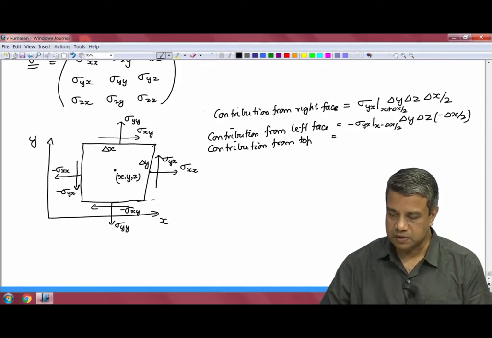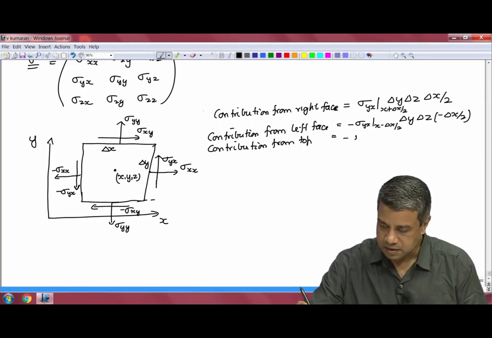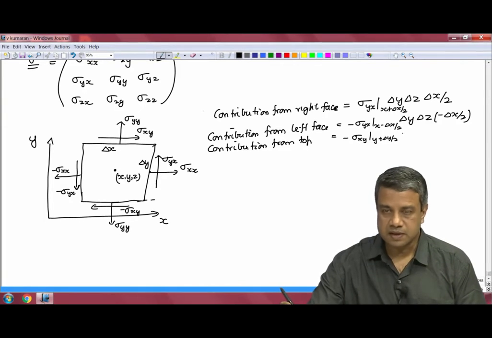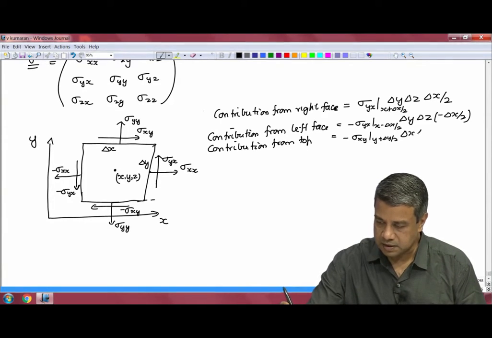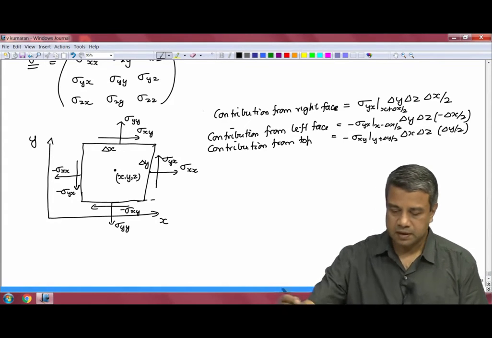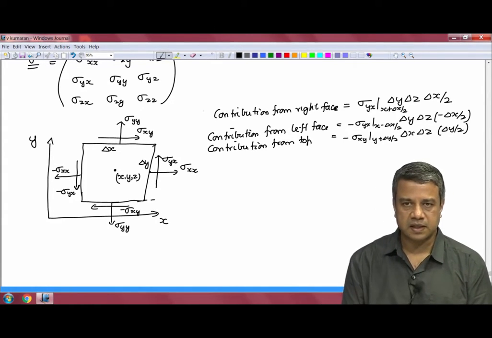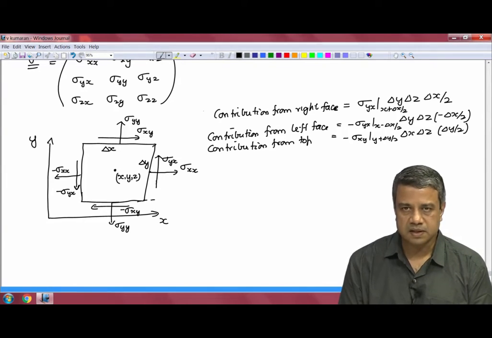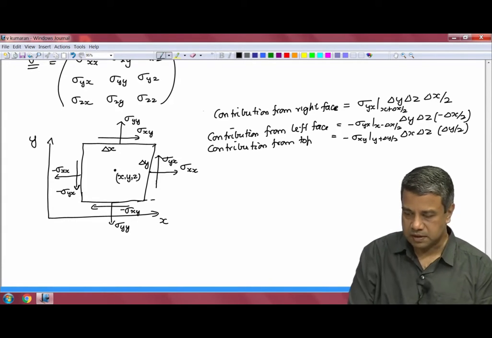Therefore, the contribution to the torque from the top face is equal to minus sigma xy at y plus delta y by 2, times the surface area, delta x delta z, times the distance from the axis of rotation, delta y by 2.